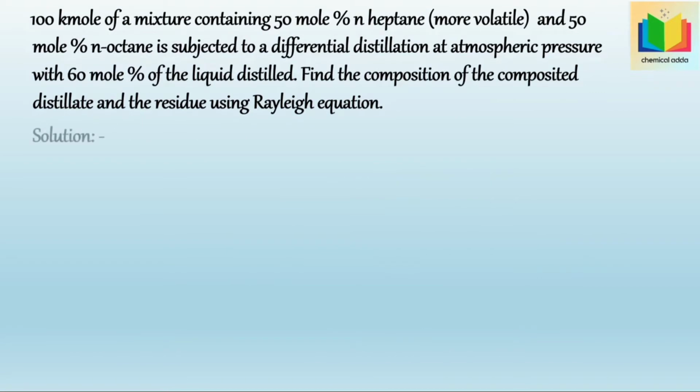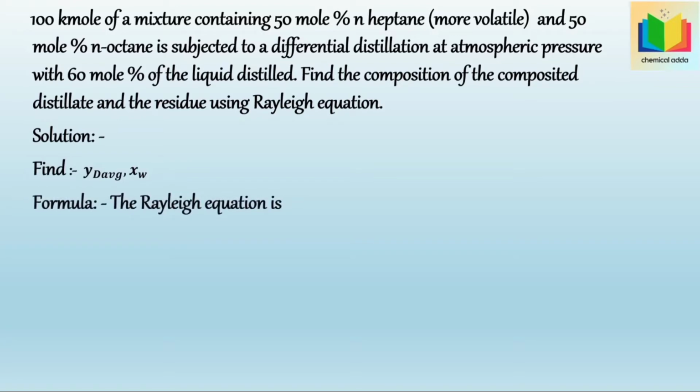So in this example, we have to calculate yD average, that is the distillate composition, and xW, that is the residue composition. To find this, we use the Rayleigh equation.